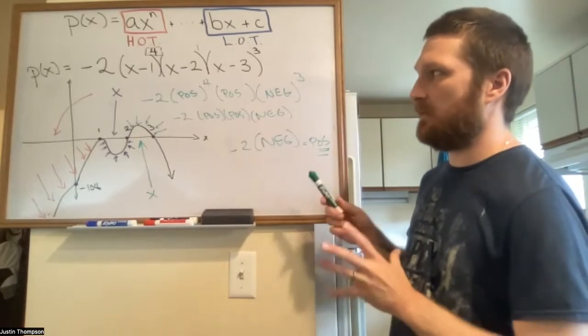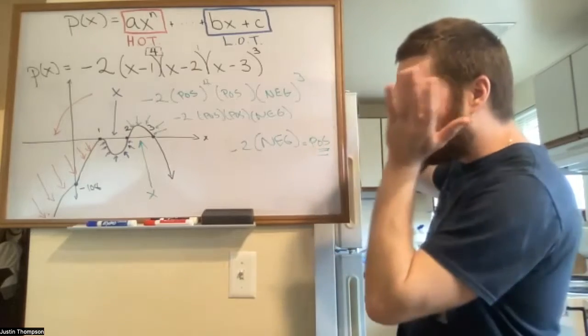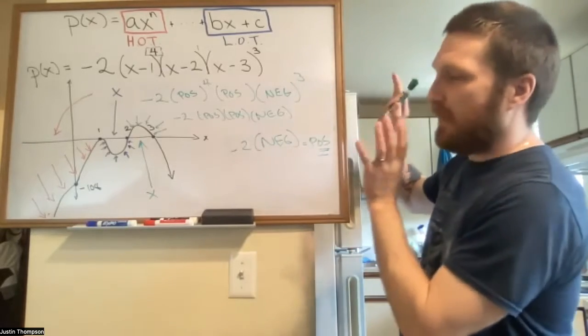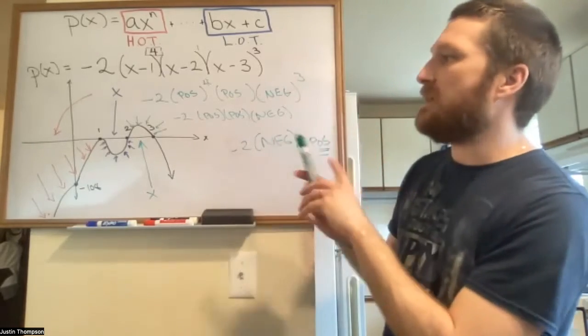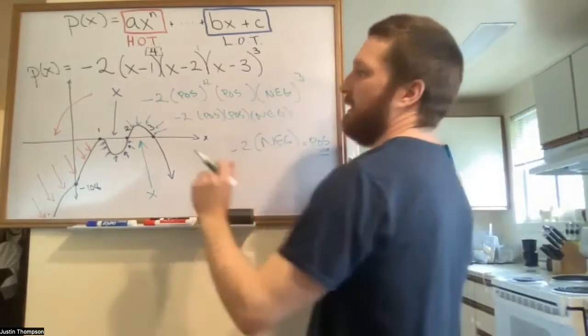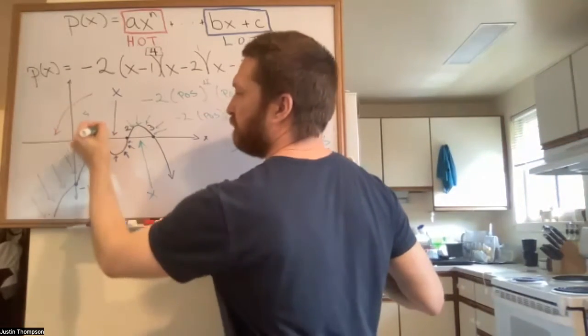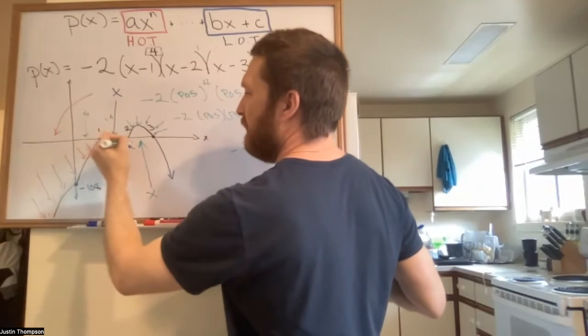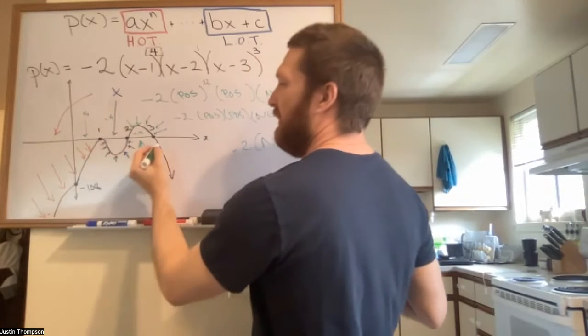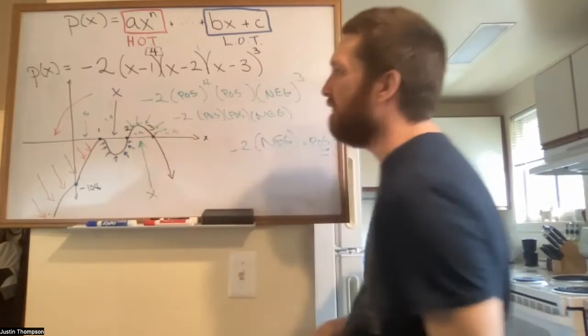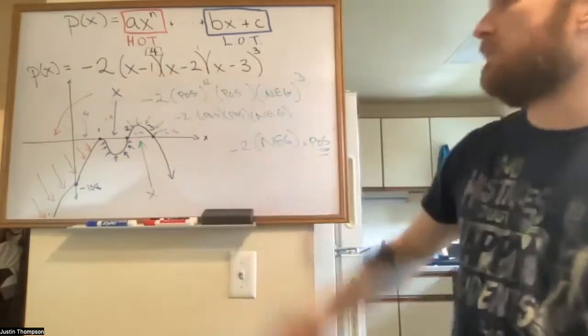If you don't believe this, I would suggest that you actually go through and take the numbers 0.5, 1.5, 2.5, and finally 3.5, and just plug them in individually and see what you get.